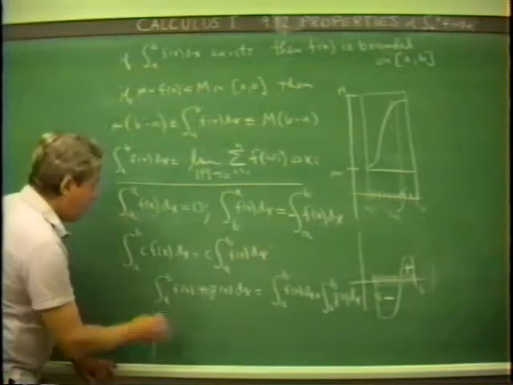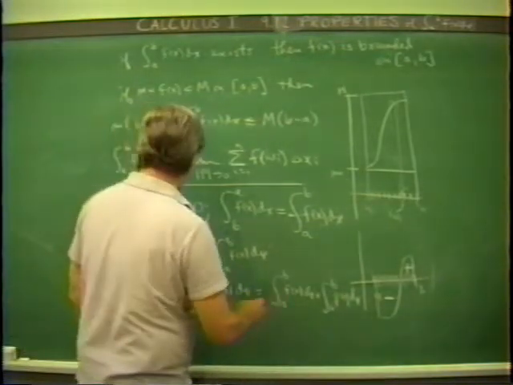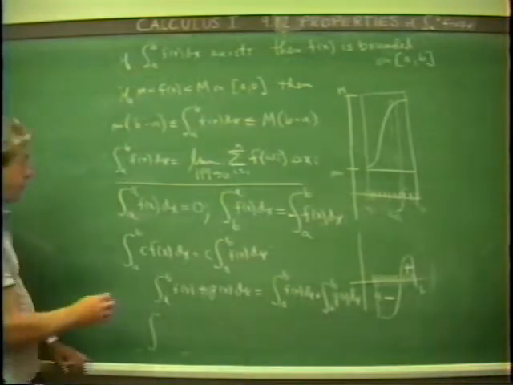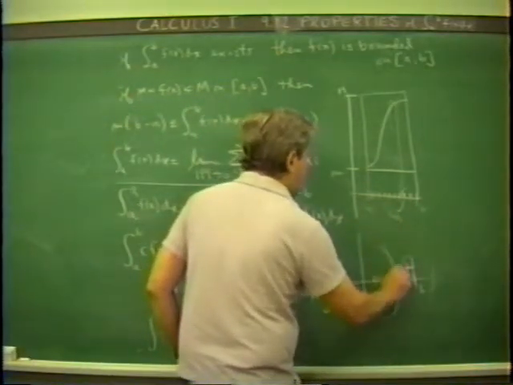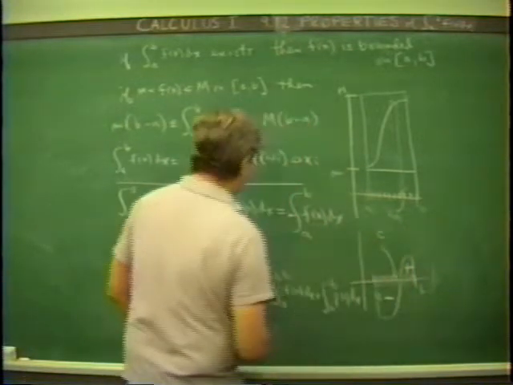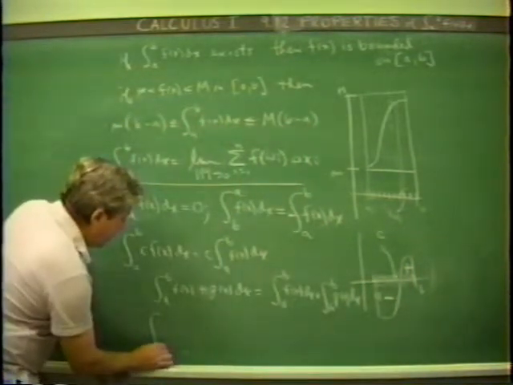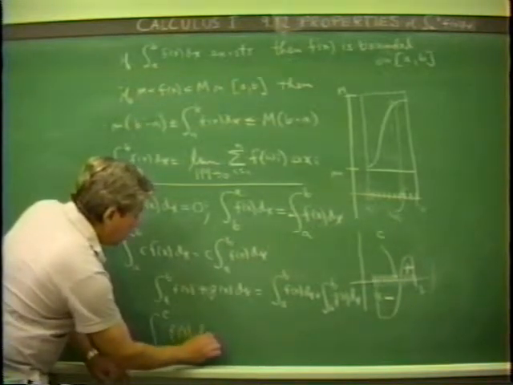A final property is as follows. Again, I'm going to state this one without going into details on it, but if you've got f integrable on the interval a to b, then if we take any point c between a and b, it's also integrable from a to c.